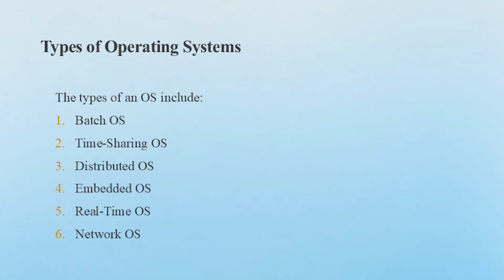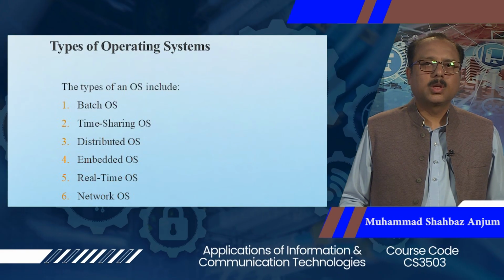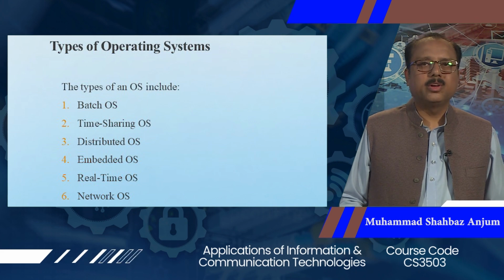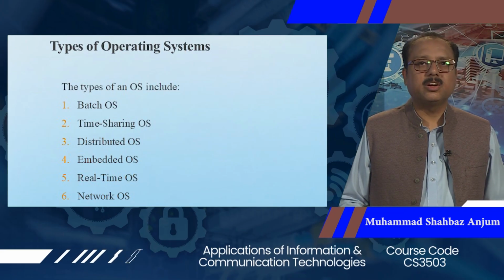And number 5, embedded operating system. These operating systems are basically designed for specific devices like ATMs, routers, or smart TVs. A real time operating system, also known as RTOS, is used in systems where the time factor is very critical.